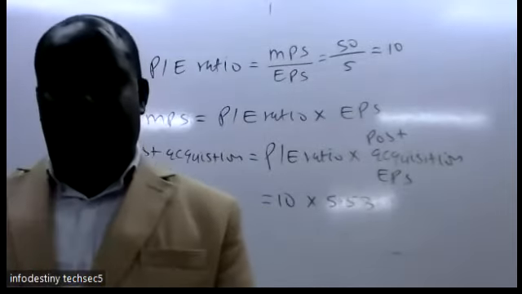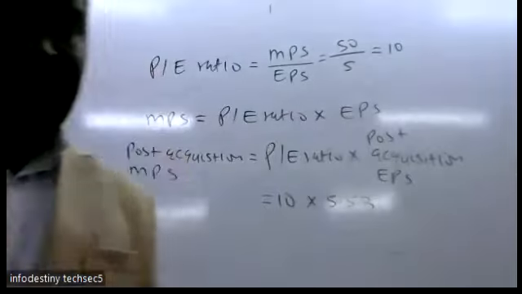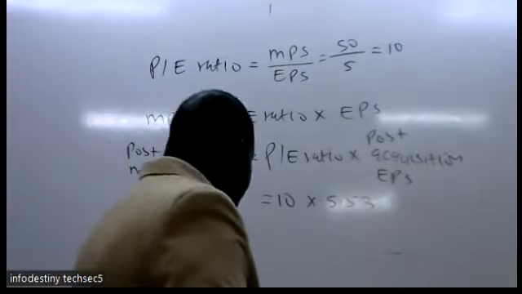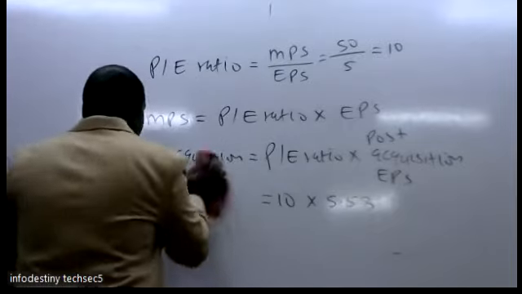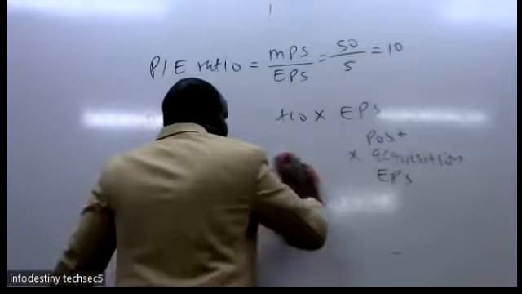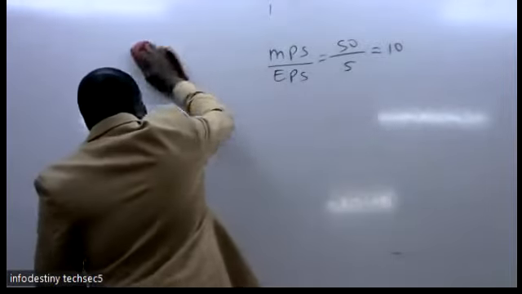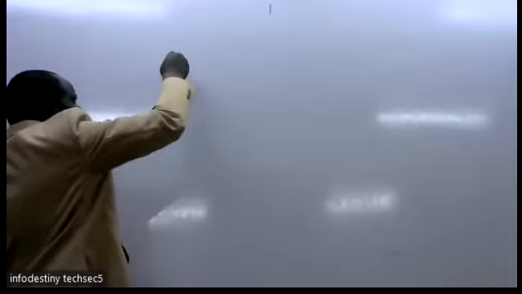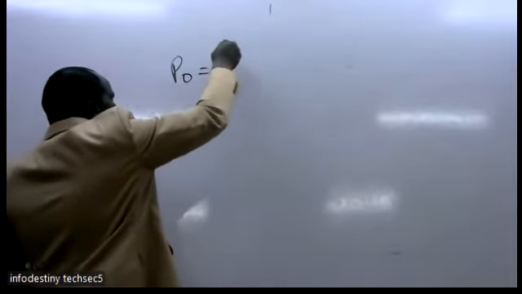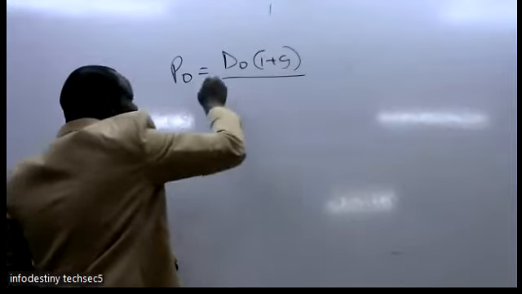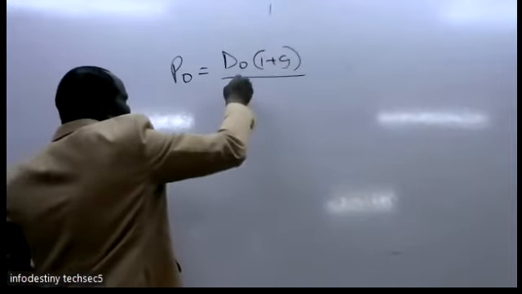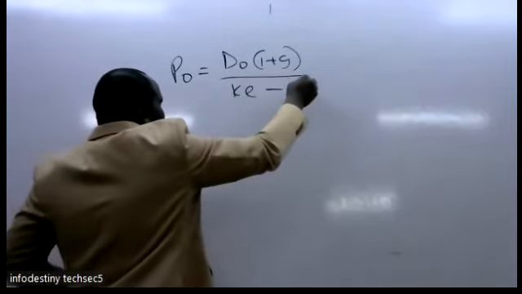P0 will be given by D0 in the brackets of (1 plus g), divided by Ke minus g.